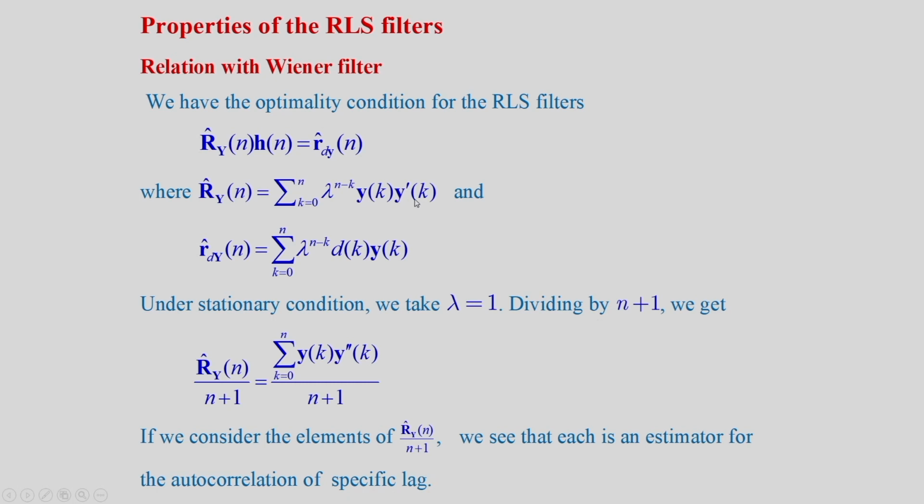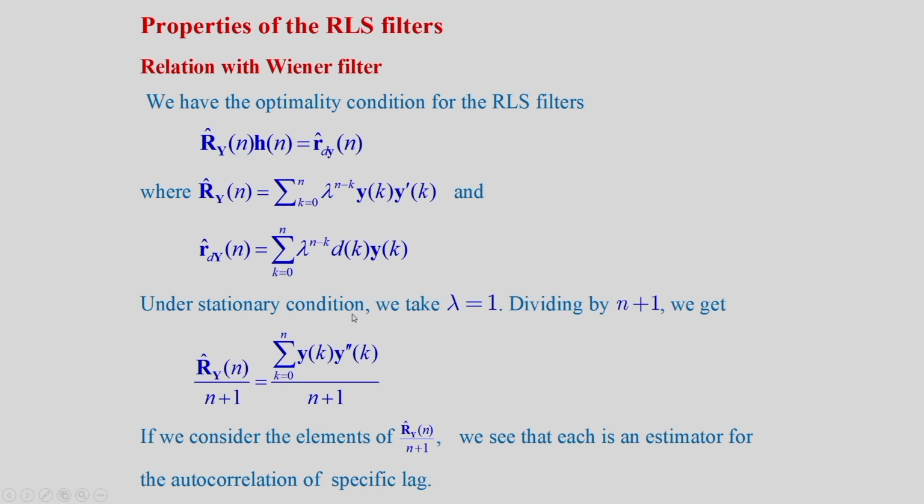Yk into Yk transpose is a matrix, so these matrices for different instants k are summed up. Similarly, R dy hat n is equal to summation of lambda to the power n minus k into dk into yk, k going from 0 to n. Here dk into yk is a vector, and this vector is summed up for different values of k, and we get this estimate.